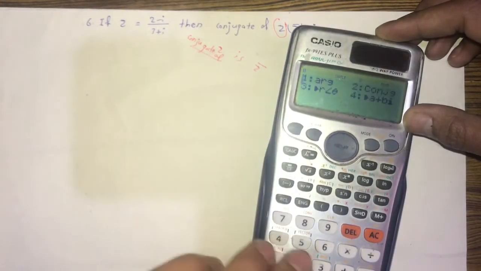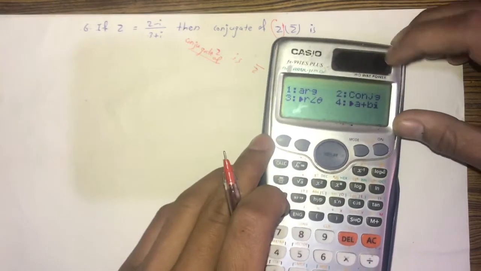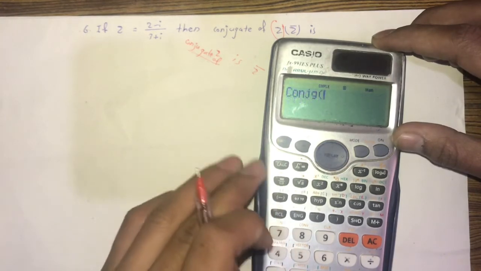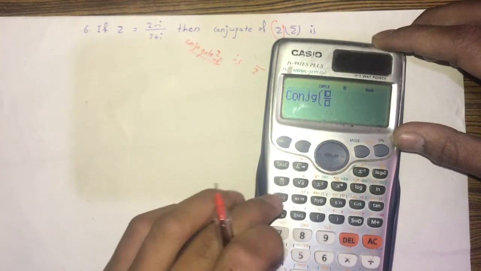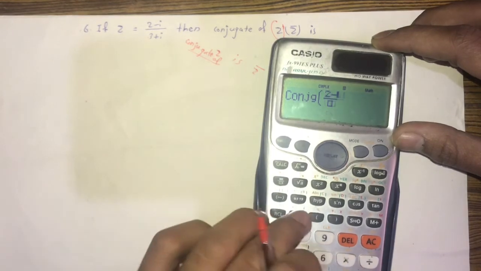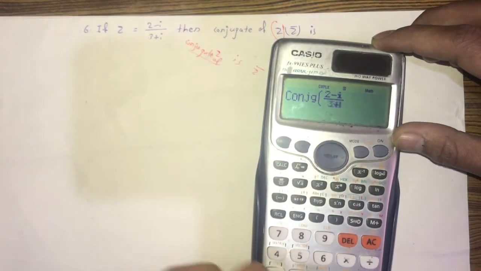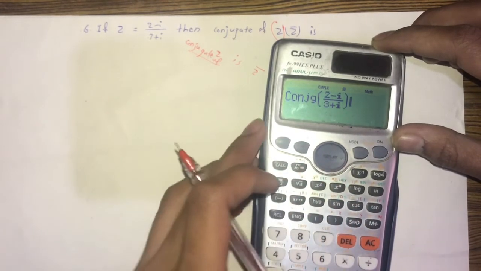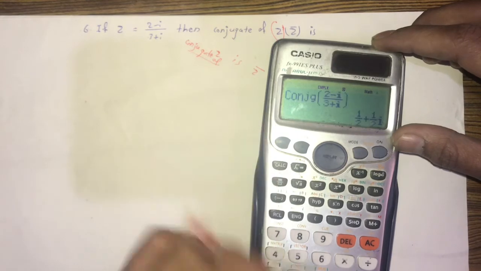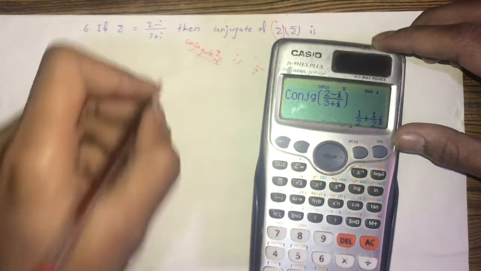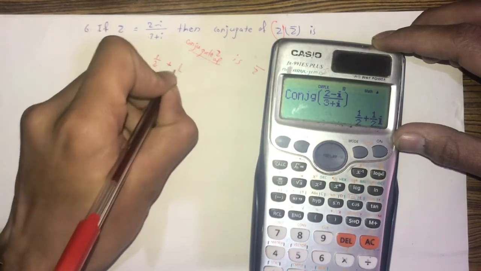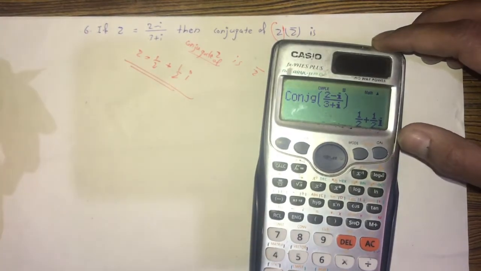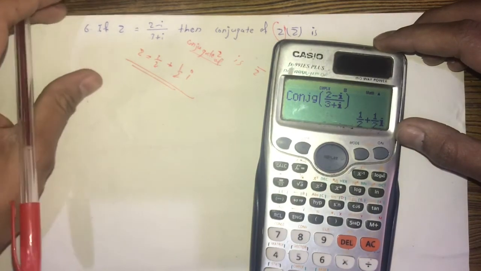Shift 2 and again 2. You can see in 2 number here, option 1, another option conjugate 2. Now input our data: 2 minus i upon 3 plus i. It's simple: 1 by 2 plus 1 by 2i. Again, you can see the simplest way.